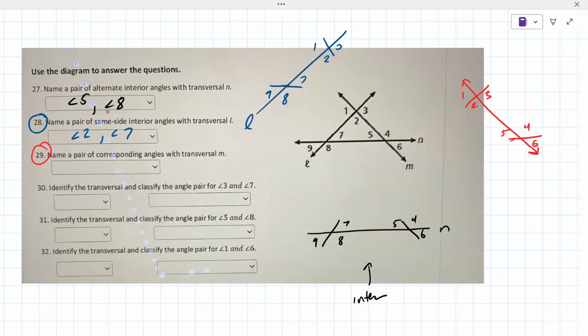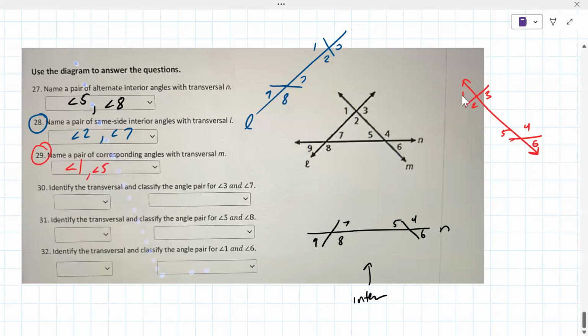So this time we want corresponding. There's actually a couple of answers here. So to me, it looks like angle 1 and angle 5 are corresponding.